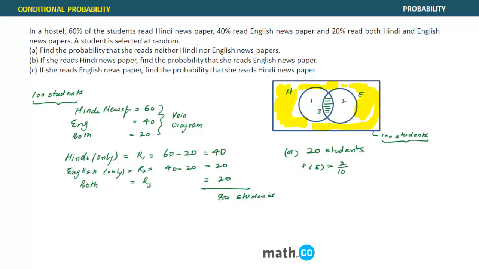Second problem: if she reads the Hindi newspaper, find the probability that she reads the English newspaper also. So what is given to you in this particular statement? B, that she reads Hindi newspaper. This is already given to you. You want that she reads the English newspaper also, right?